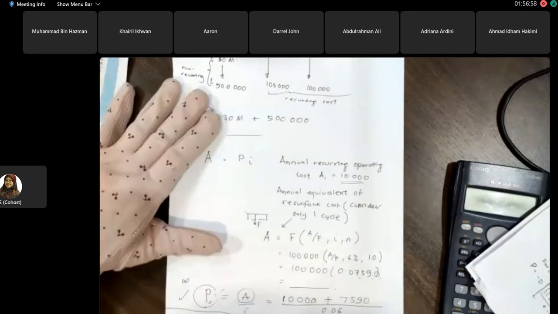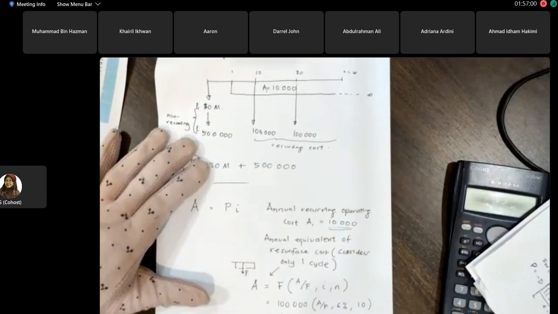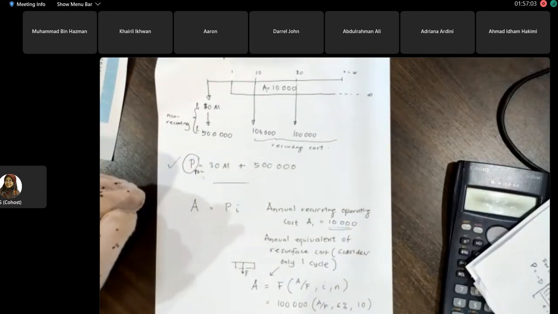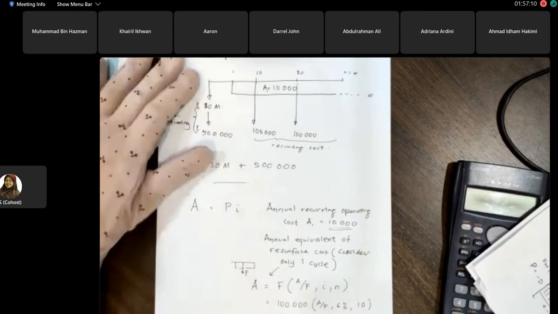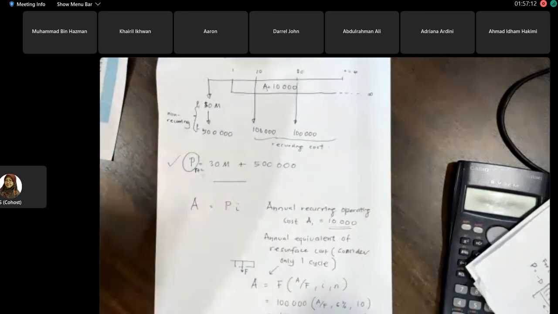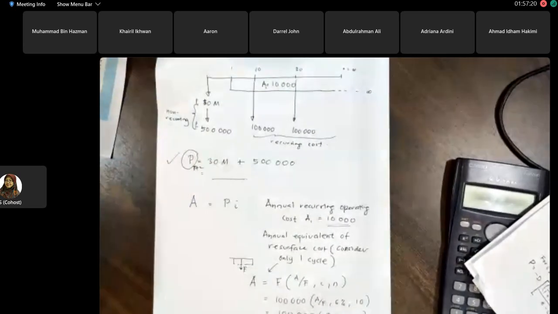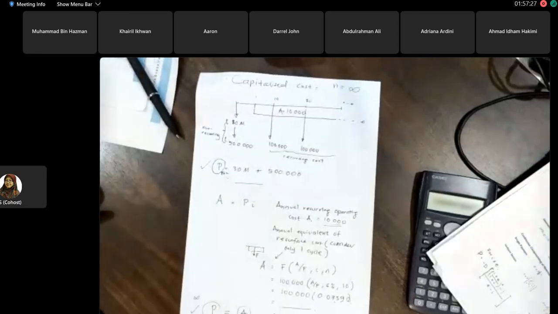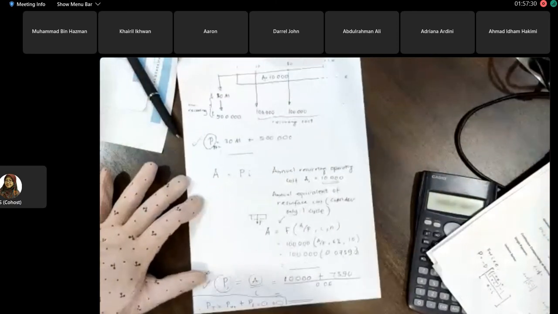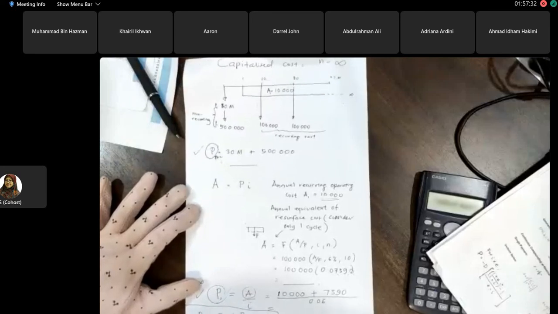But you can understand the steps, right? So you can see all the answers here.